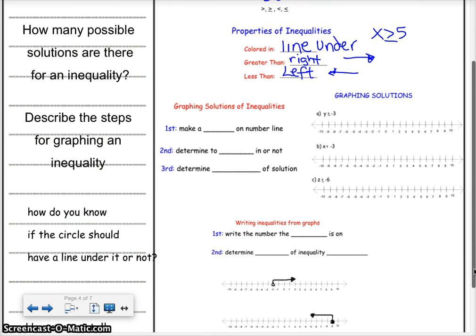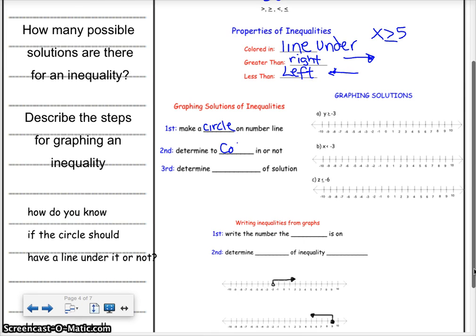Graphing solutions of inequalities. The first thing you do is make a circle on the number line at the number you're comparing the inequality to. Like x is greater than 5. Your circle would be at 5. X is less than or equal to negative 2. Your circle would be at negative 2. So whatever number you're relating it to is where you put the circle.